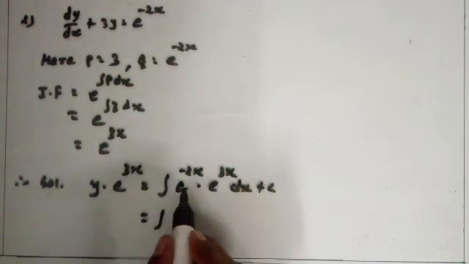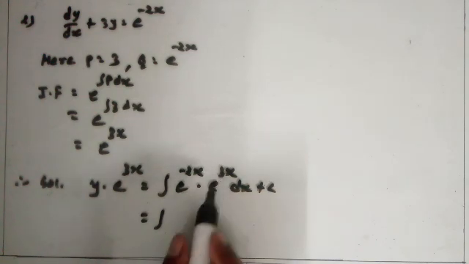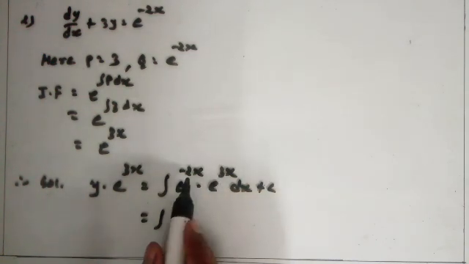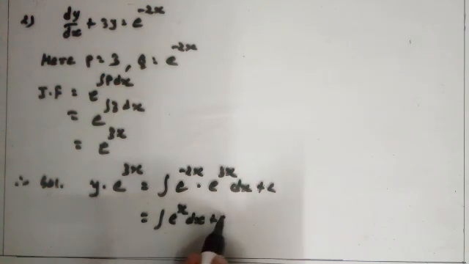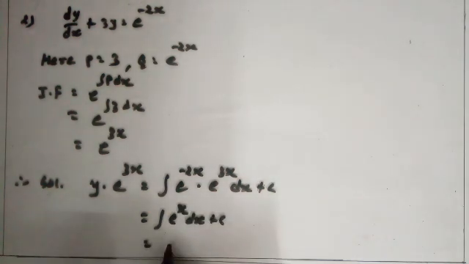Now we know that e raised to minus 2x into e raised to 3x is equal to e raised to 3x minus 2x, which becomes e raised to x, dx plus c, and the integration of this is equal to e raised to x plus c. So y into e raised to 3x is equal to e raised to x plus c, which becomes the solution. Clear?